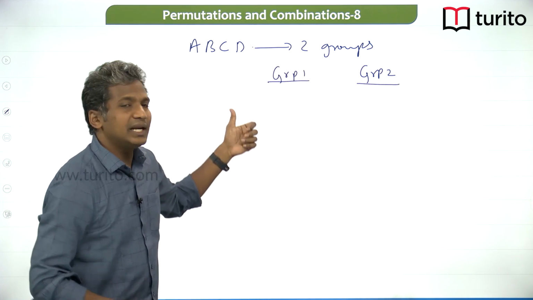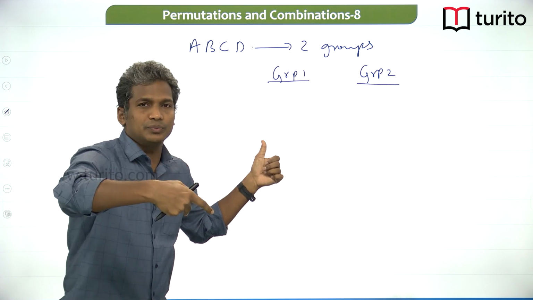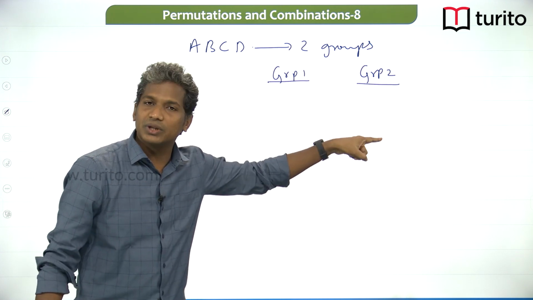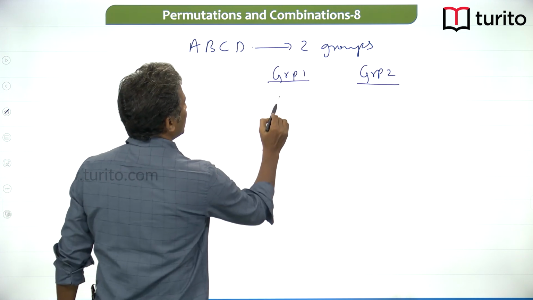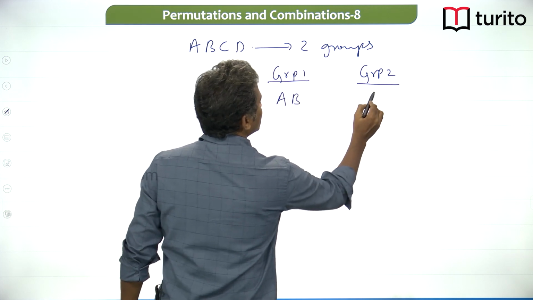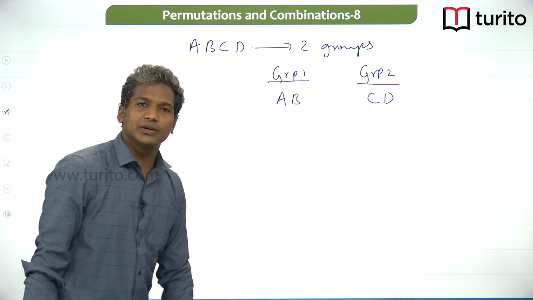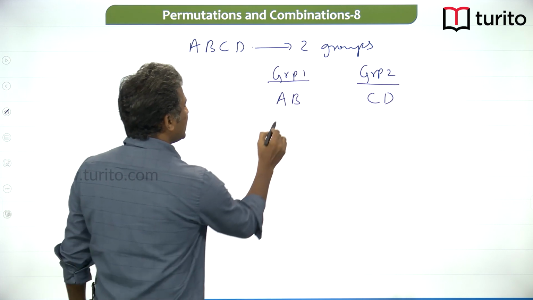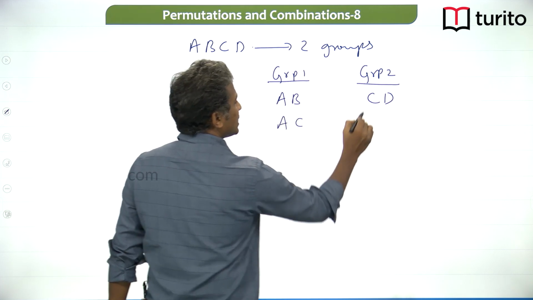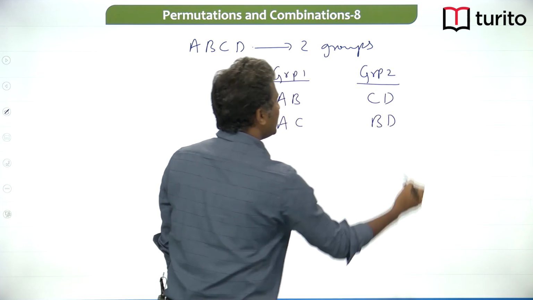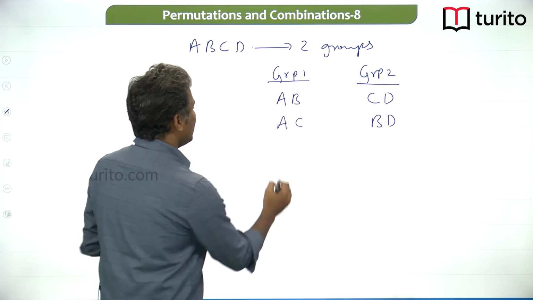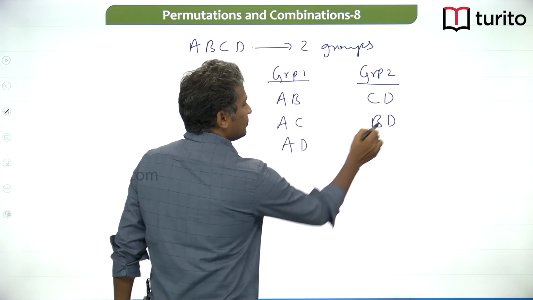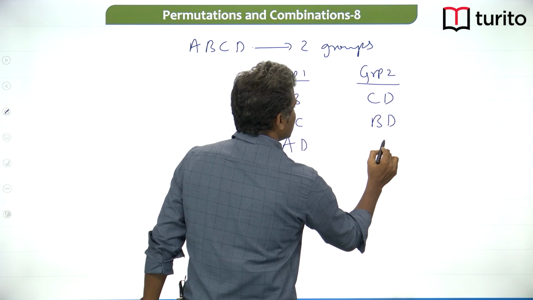Now, if I take let us say A and B in the first group, then C and D will go to the second group, right. So, if I take A and B here, C and D will be in the second group, or if I take AC here, second group will be having B and D. Similarly, if I take AD here, this group will be having BC.